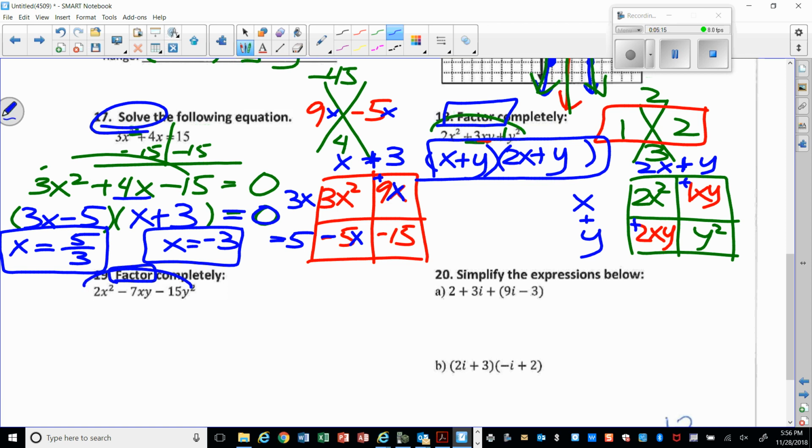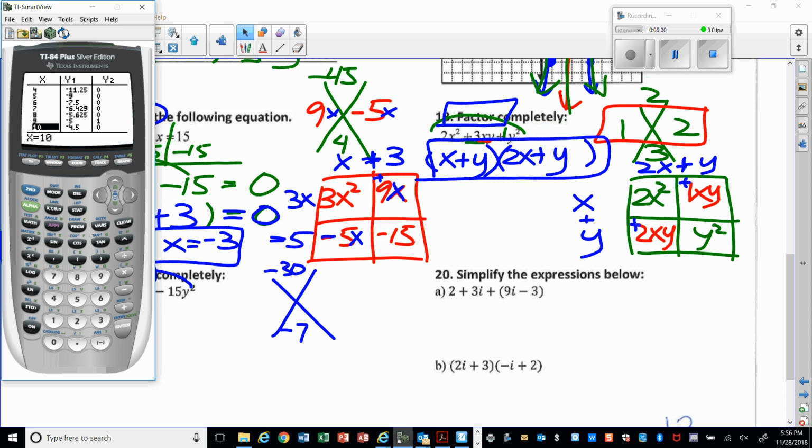So same thing, 2 times negative 15 is negative 30. They're going to add up to negative 7. So I'll do y equals, and I'm going to do negative 30. I've got everything in there already, which is nice, so I'm not going to delete it.